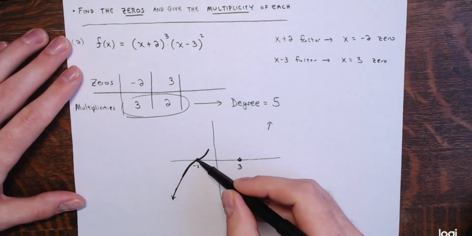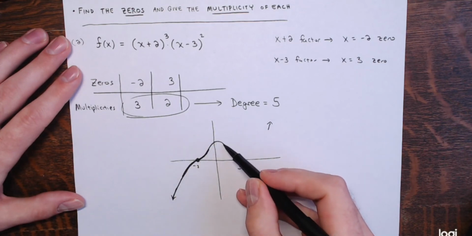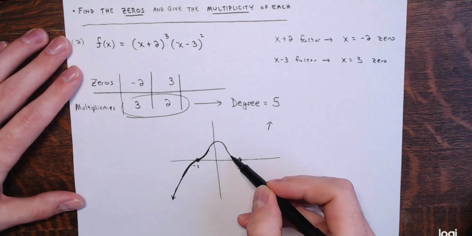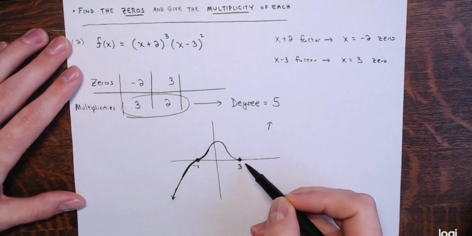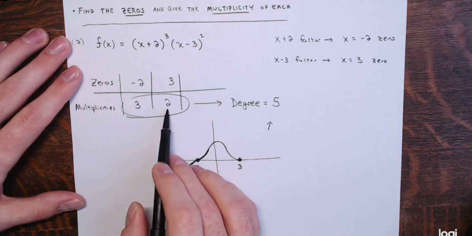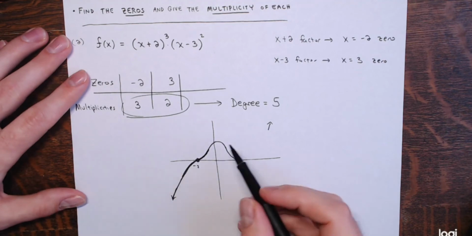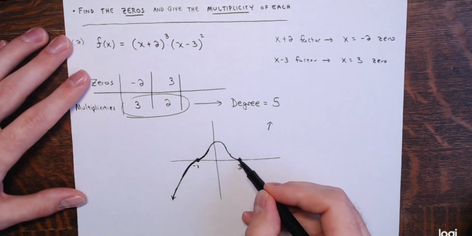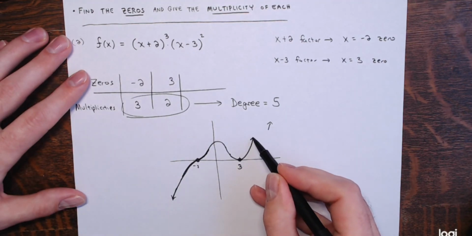Then it's got to turn around at some point and come down and hit x equals 3. Now x equals 3 has an even multiplicity, multiplicity of 2, so the graph's going to act like a parabola. It just comes down and then turns immediately, like that.